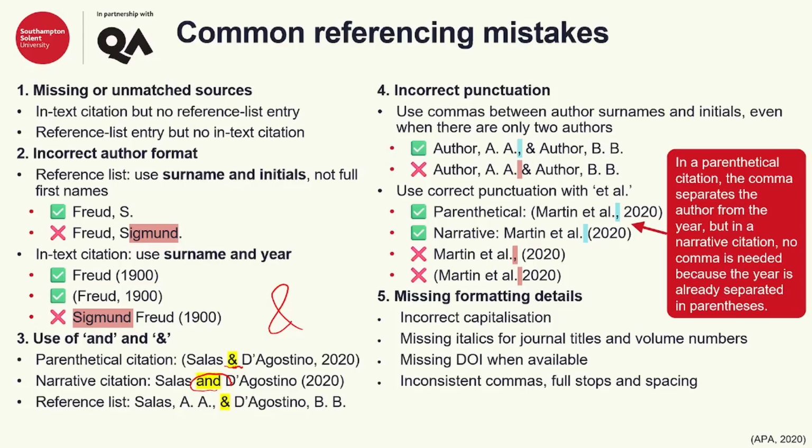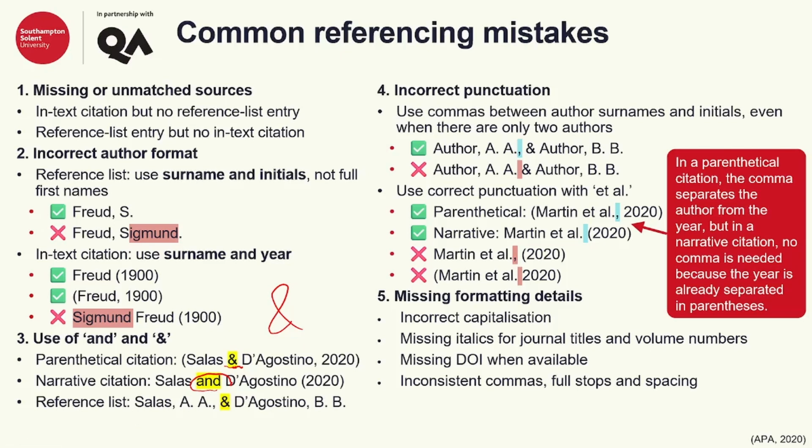The fourth problem is incorrect punctuation. In the reference list entry, use commas between author surnames and initials, including before the ampersand introducing the final author. So, you should write Author, A. A., & Author, B. B. Do not remove the comma before the ampersand.